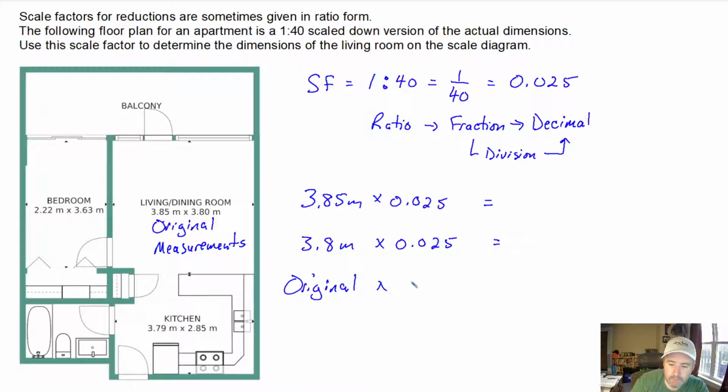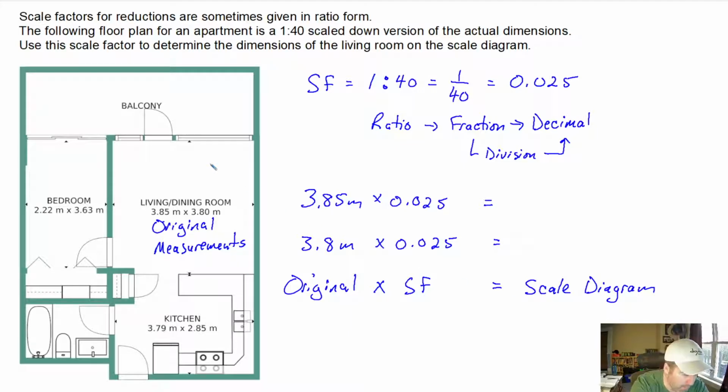This is times the scale factor. And then this is going to be the actual size, or the size that it would appear on the piece of paper that would be your floor plan. So this will be the scale diagram.